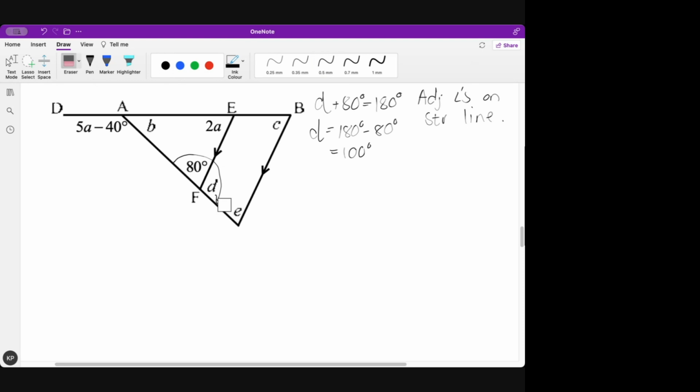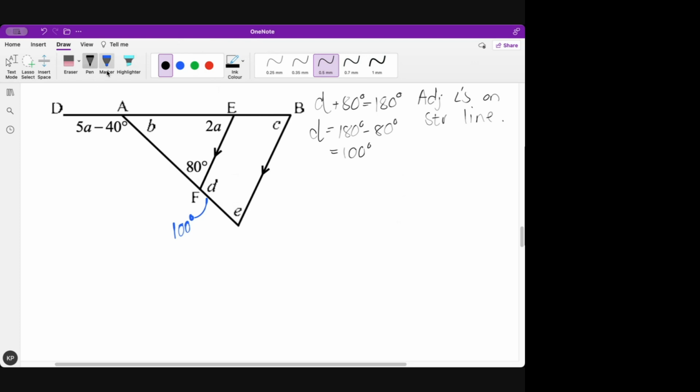Now we have D. And those who suggest that we can work out E, can you tell me how? D is 100. How can we work out E? Okay, there's parallel lines, but what are we going to do with those parallel lines?